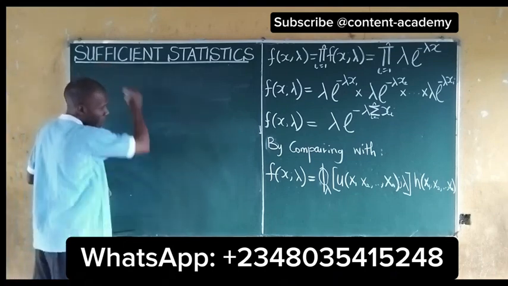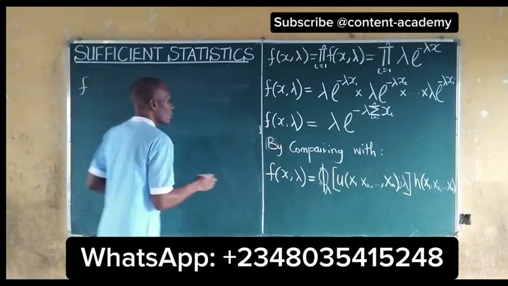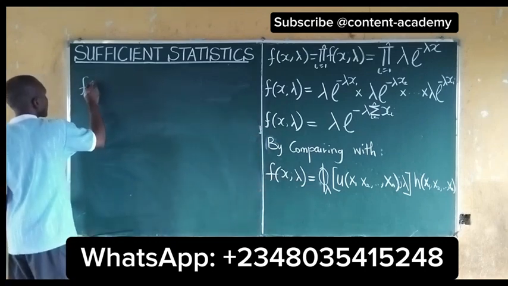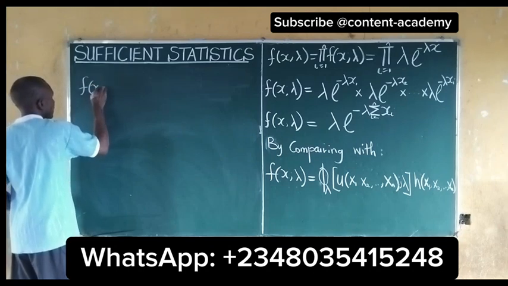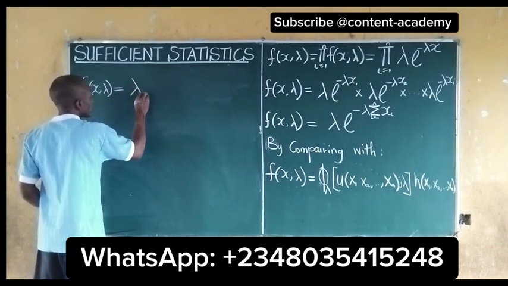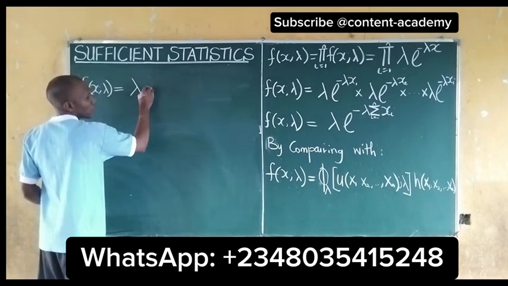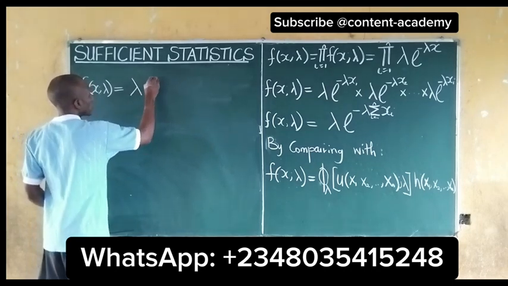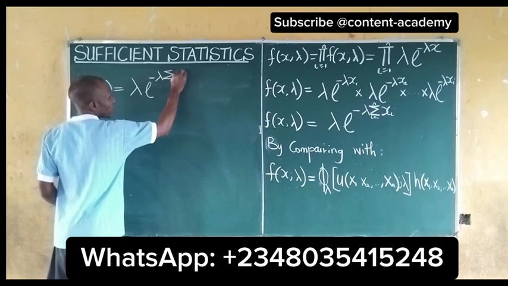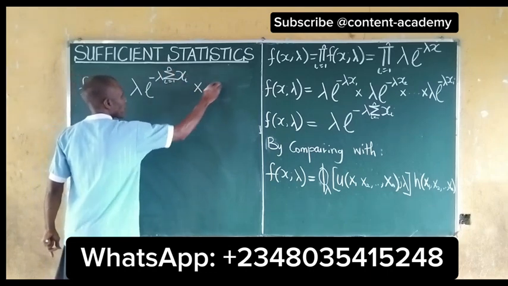Of course, if our function is this, comparing it with this, we have f of x, lambda to be equal to lambda exponential negative lambda summation of xi, i running from 1 to n, multiplied by 1.